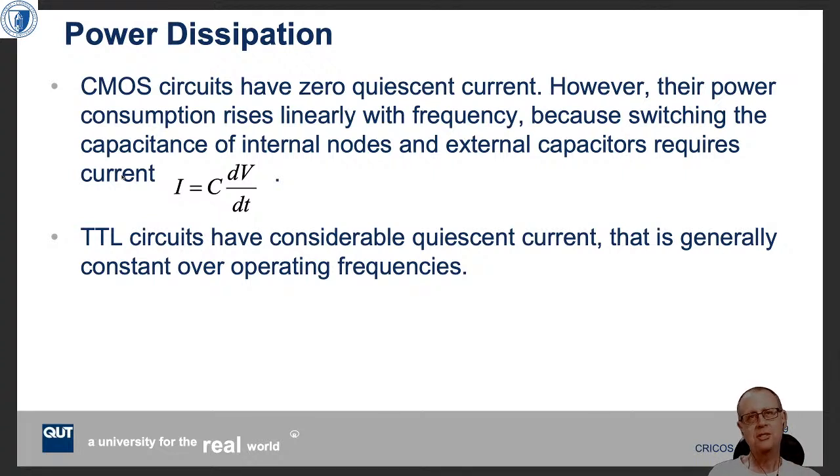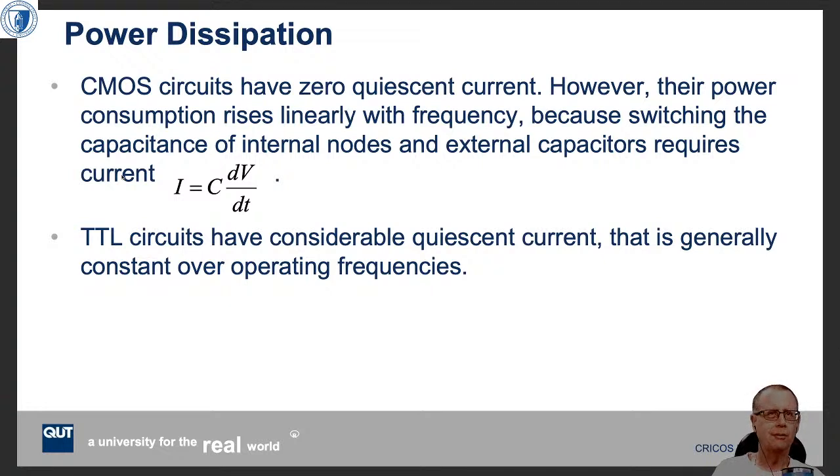The bad thing with CMOS is that as you increase the frequency, the capacitance of the internal nodes and maybe external capacitors increases the current, right? I equals C dV/dt, which you should have learnt in 236. Maybe physics, you might have come across it first.